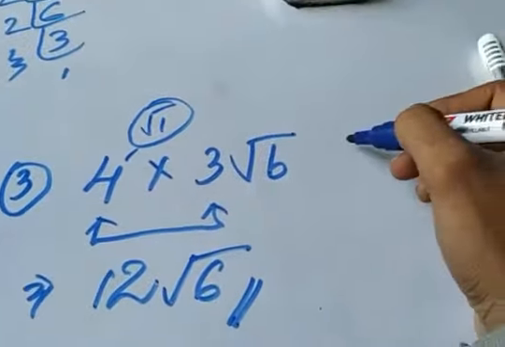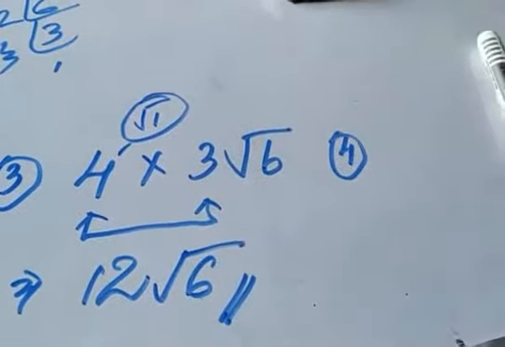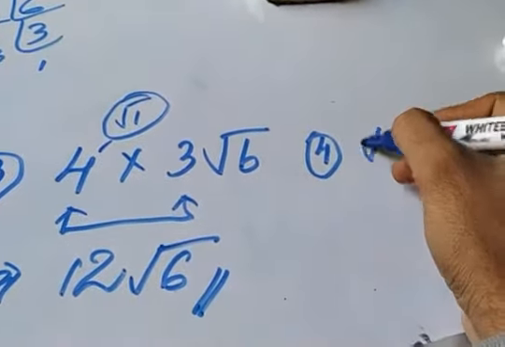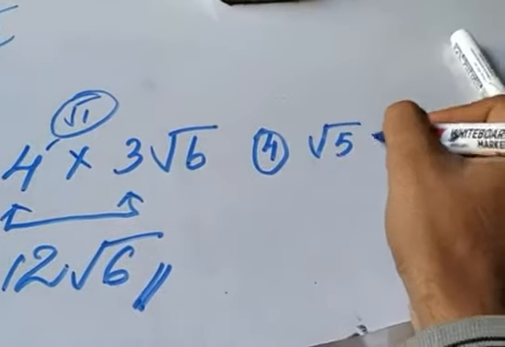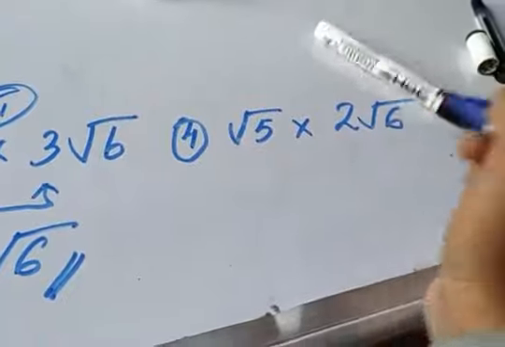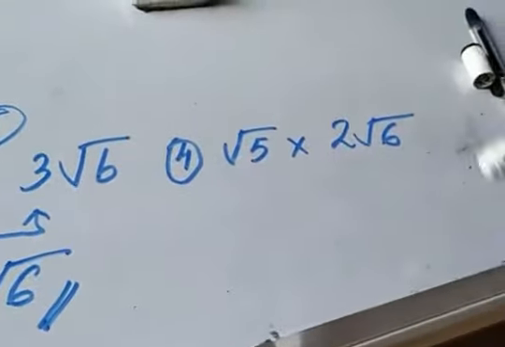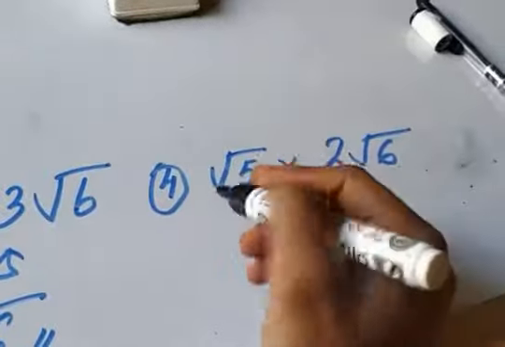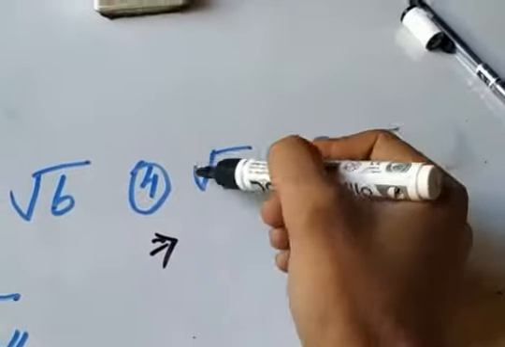Next, if you go further, suppose we have root 5 into 2 root 6. That is what is given to us in the question. What is the number here?